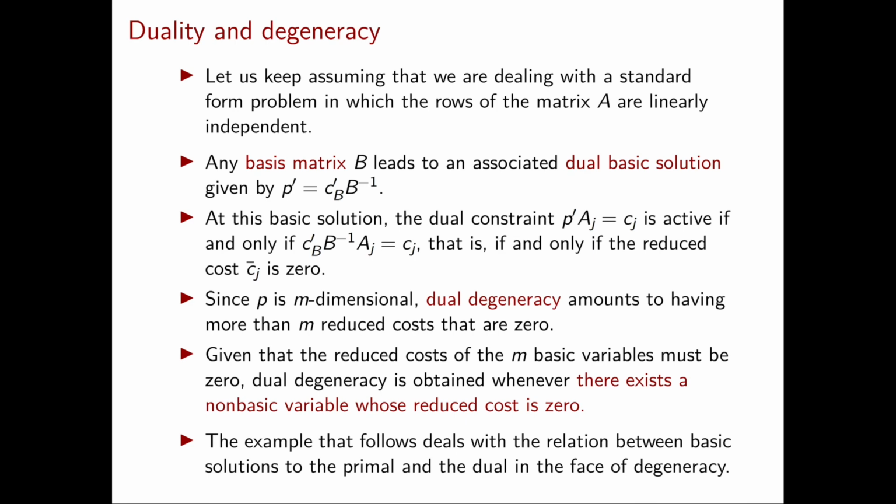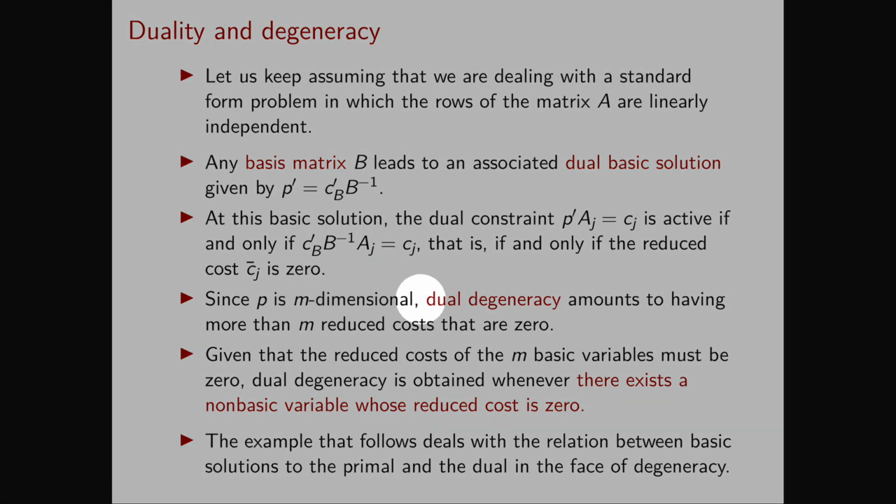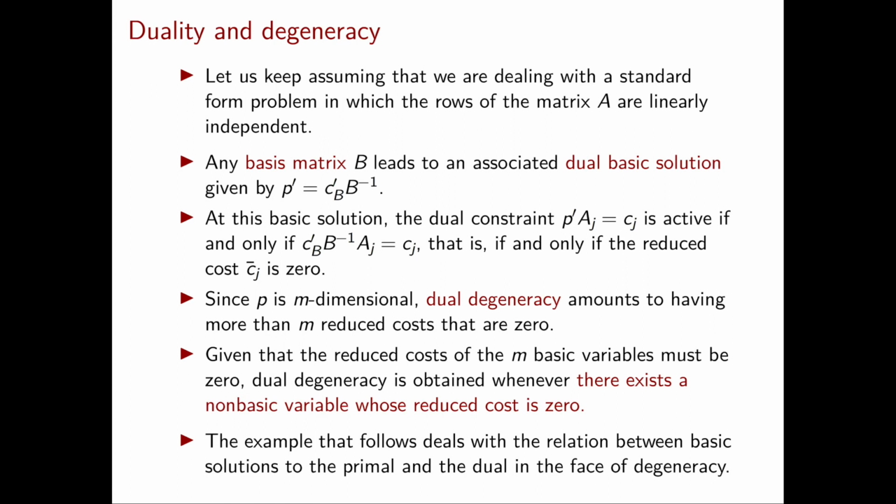Now our vector p has dimension m, so dual degeneracy amounts to having more than m reduced costs that are 0. We already know that the reduced costs of the m basic variables is always 0. Therefore, dual degeneracy happens whenever there exists at least one non-basic variable that has a reduced cost of 0.